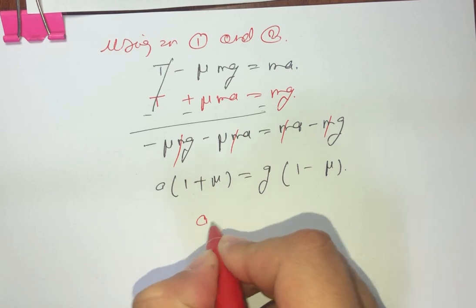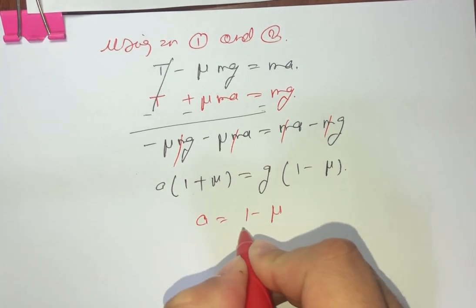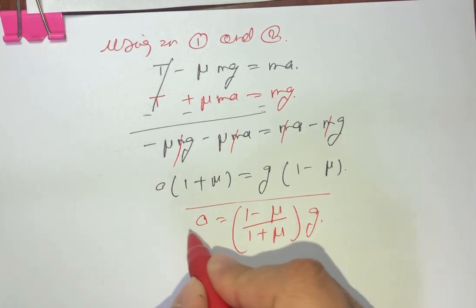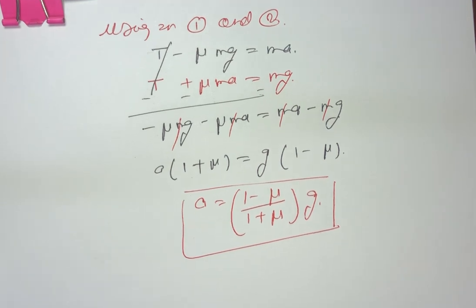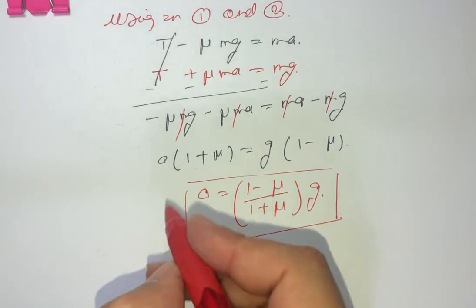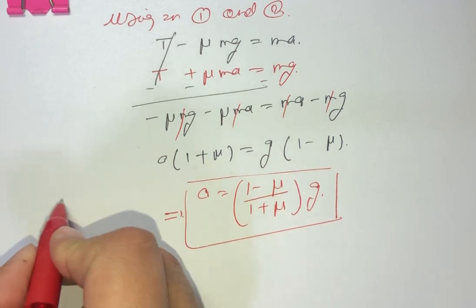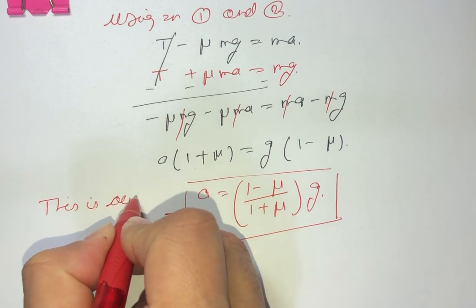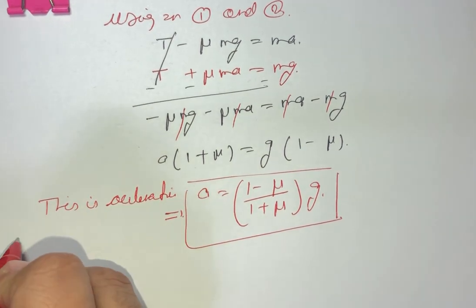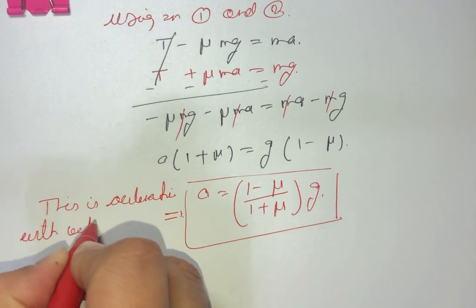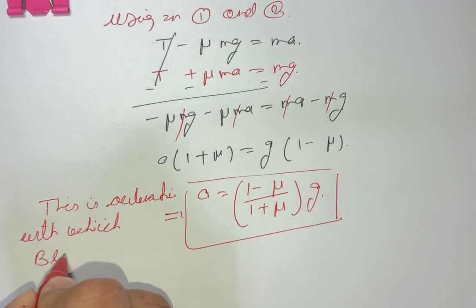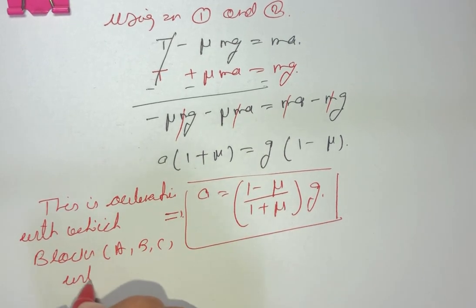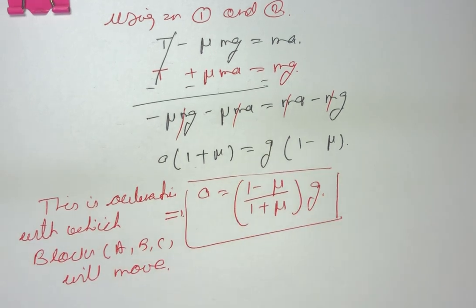So from here we can say that acceleration will be equal to 1 minus mu divided by 1 plus mu multiplied by g. Okay. So this is the common acceleration with which blocks A, B, C will move.